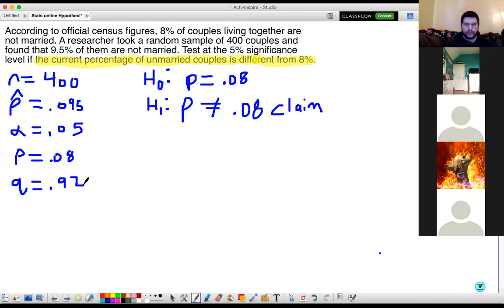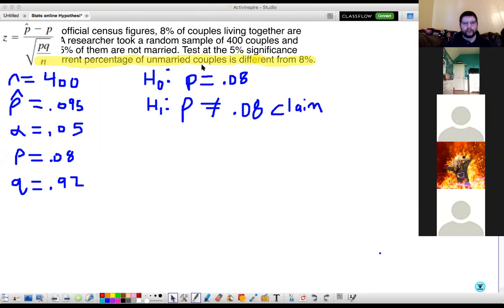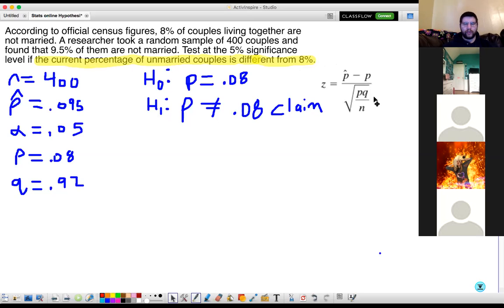Okay. Again, we're going to use our test statistic. So if you don't have it memorized already, there it is. It's also on the formula sheet. P hat was 0.095.